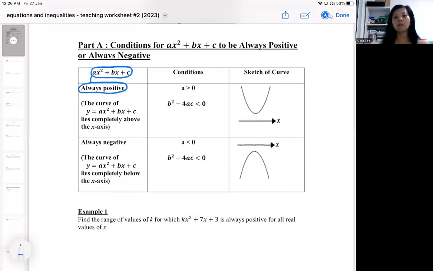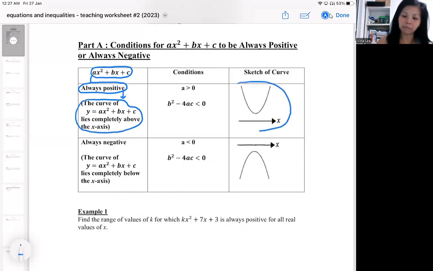When we say a quadratic function is always positive, this is the meaning: the curve is entirely above the x-axis. This is the implication, and visually, this is how it looks.